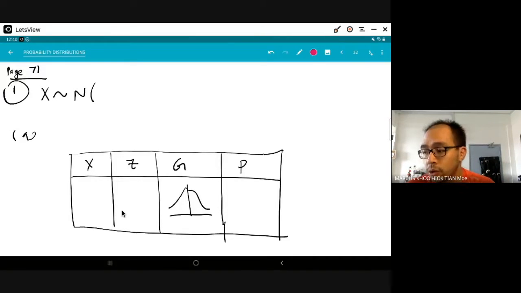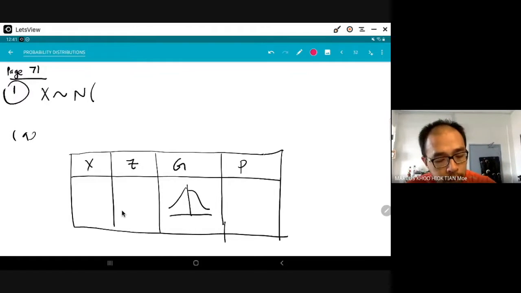You look at question number 1, question number 2, question number 3, within the first 15 words, the words normally distributed are there. So that is a clue for you that this is a normal distribution question. So I must take out the table, I must prepare the table like this, so that we know how to answer.